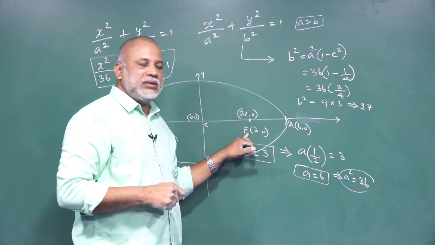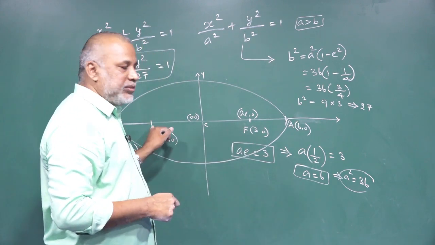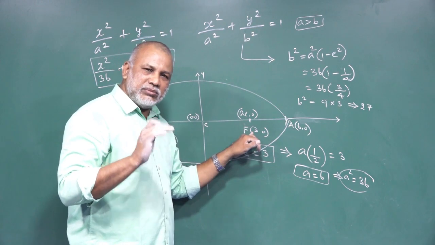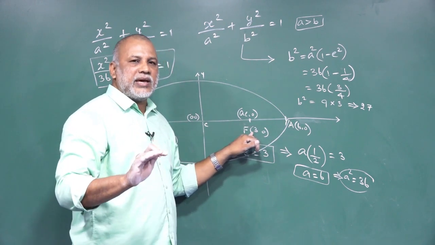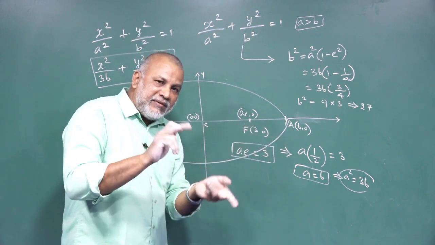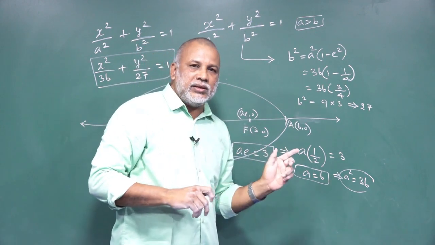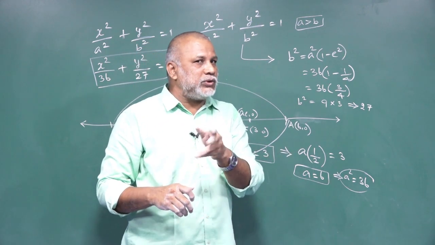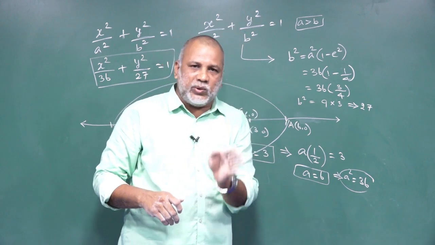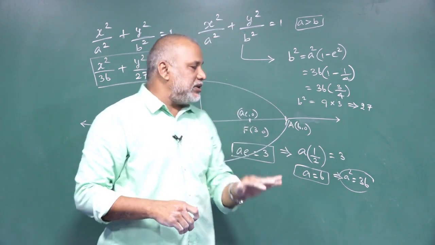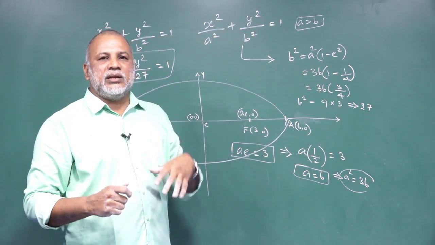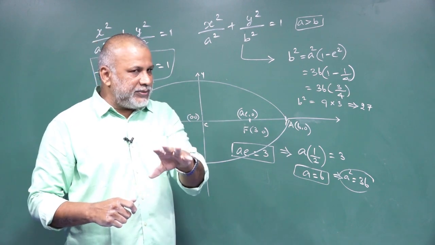See the focus, 3, 0 and minus 3, 0. It lies only on the x axis. Suppose the point is given like this: 0, 3 and 0, minus 3. Then you have to conclude it lies on the y-axis only. So it depends upon the point you make the decision on, which type the given ellipse belongs to.